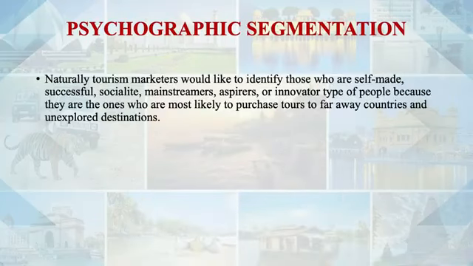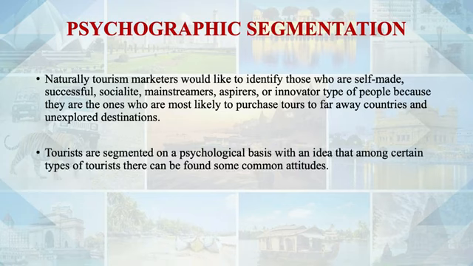Naturally, tourism marketers would like to identify those who are self-made, successful, socialite, mainstreamers, aspirers, innovator types, mainly the people whose opinion other people follow, because they are the ones most likely to purchase tours to faraway countries and unexplored destinations.